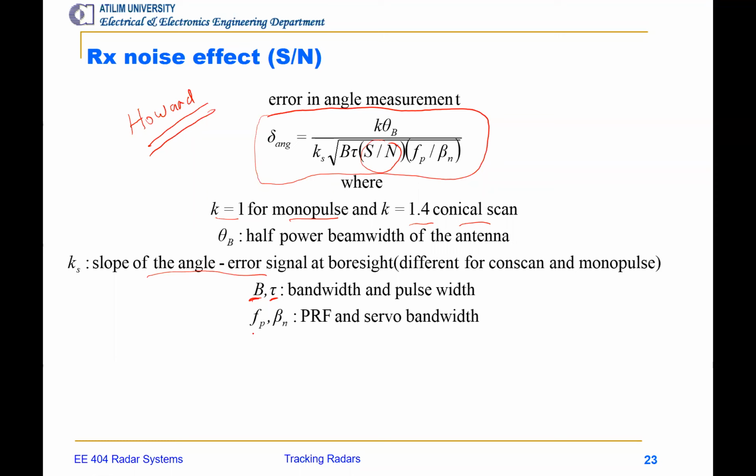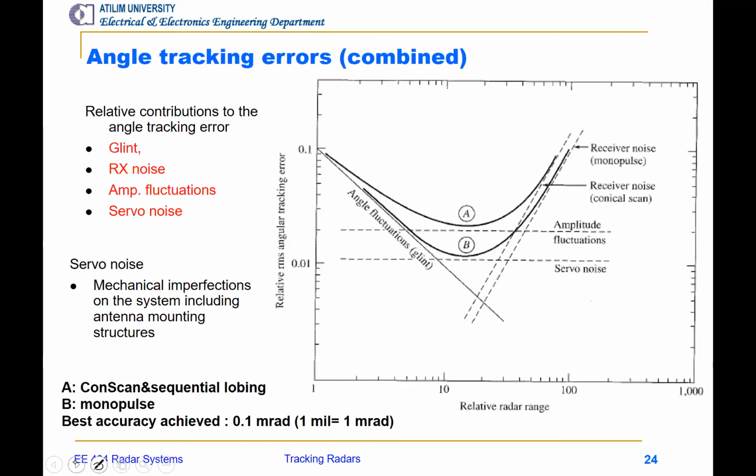Fp is the PRF, as you know, and beta N is the servo bandwidth. That's about the rotation system, the servo system used to rotate the antenna. Once all of these parameters are known, I can estimate the error in angle measurements due to the signal to noise ratio, so the noise simply.